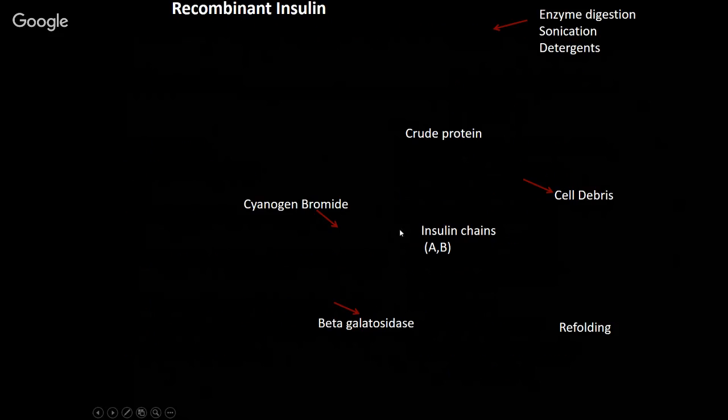The protein lost its activity because of cell breakage and digestion using all these techniques, so it has to be refolded. First it has to be fully unfolded, and then it has to be refolded. That's what is done here. There are many downstream steps.